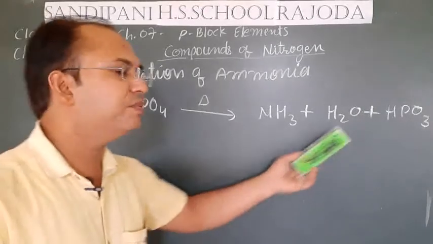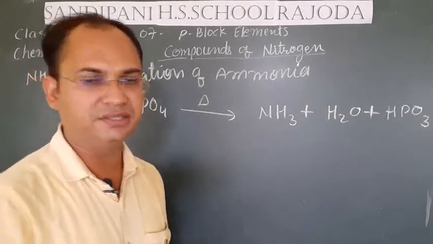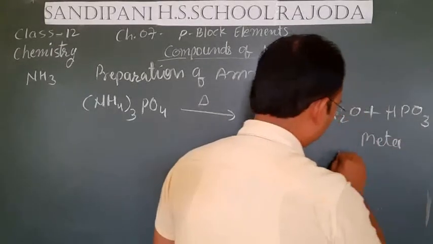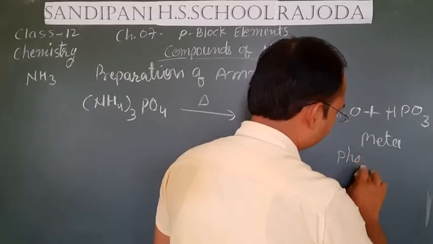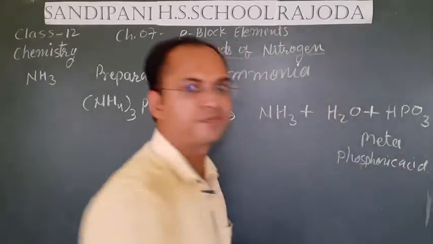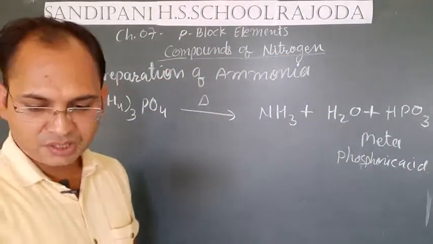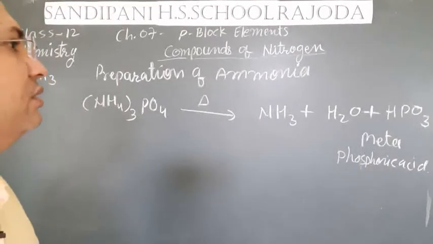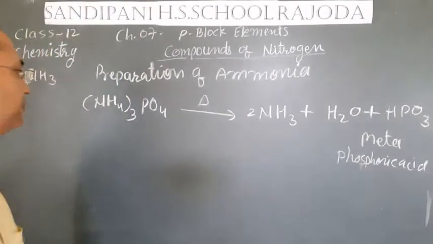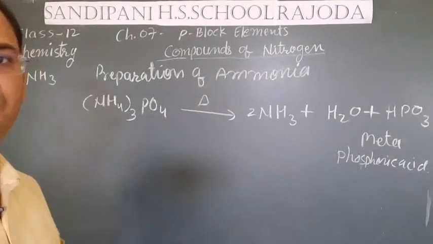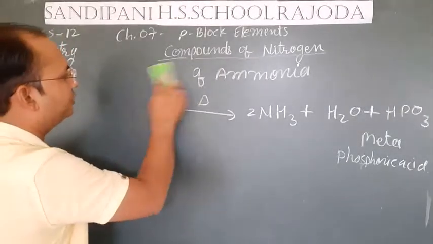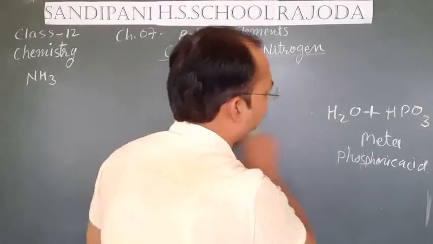The name of the HPO3 is metaphosphoric acid. Now balance this reaction, students. Then two ammonia are prepared here. So these are the two methods by which we can prepare ammonia with the help of ammonium salts.